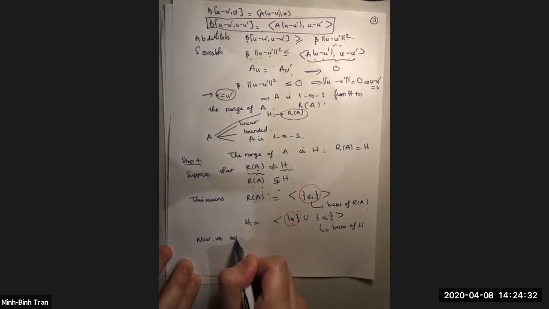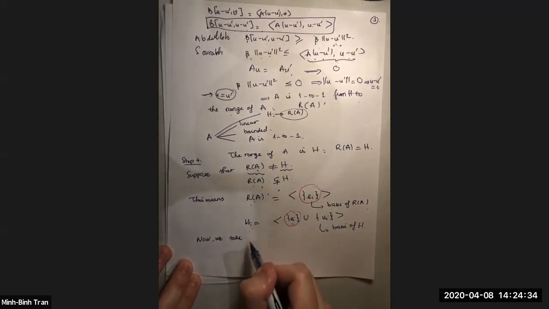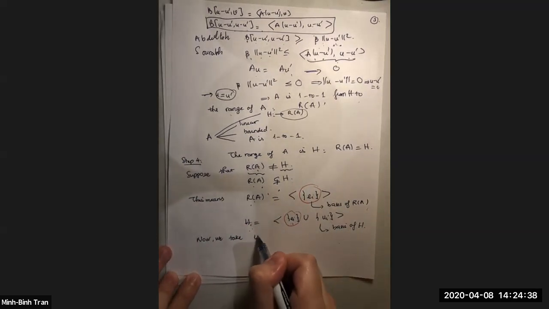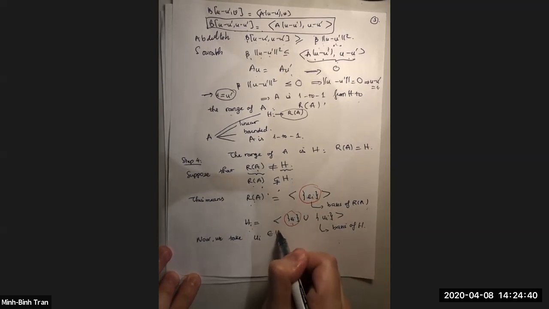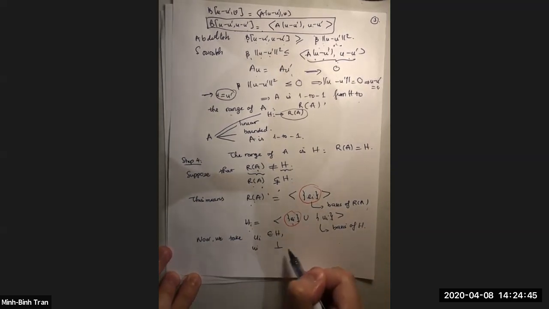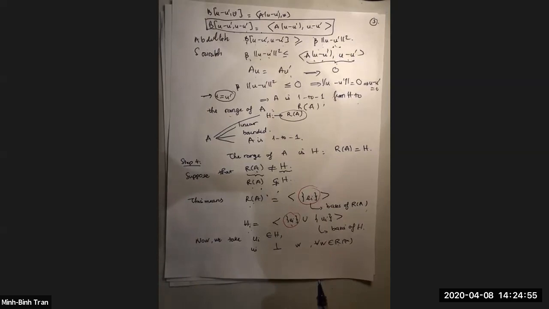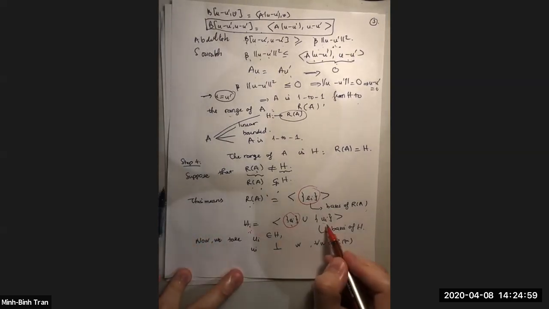Right. So now we take a W. We take this. So this I call it UI. So we take UI, which is in H, but UI will be orthogonal to all of the W in RA, right? So the strategy now will be that I'm going to take this UI, right?